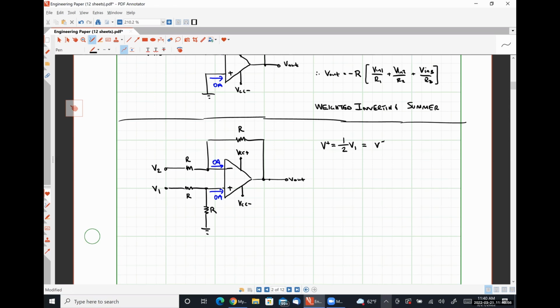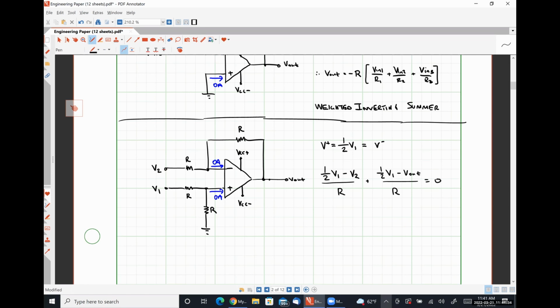So writing a KCL equation at the inverting input node, we have (1/2 V1 minus V2) over R plus (1/2 V1 minus V out) over R is equal to 0. Right? So the current flowing to the left plus the current flowing to the right equals 0.